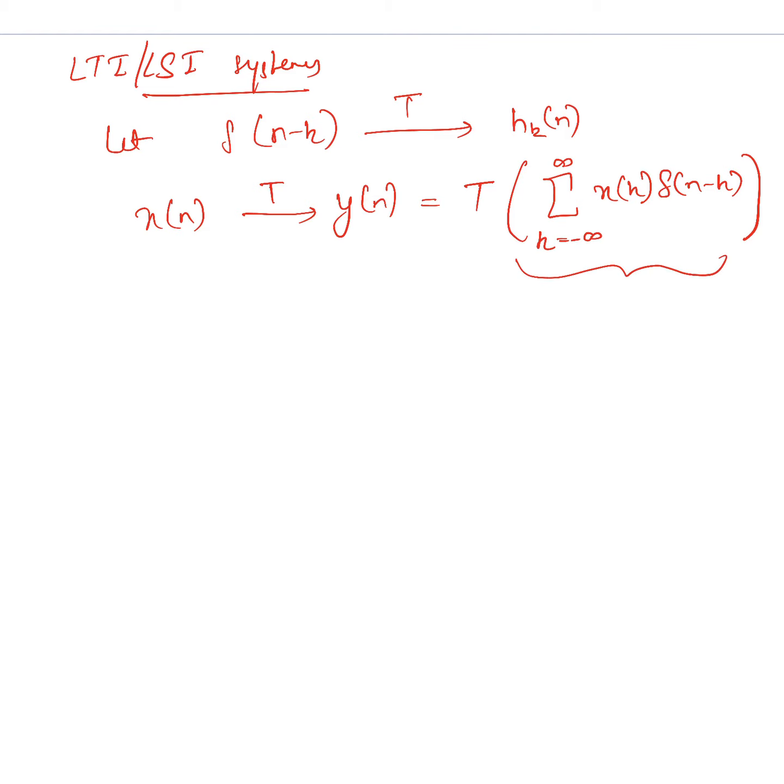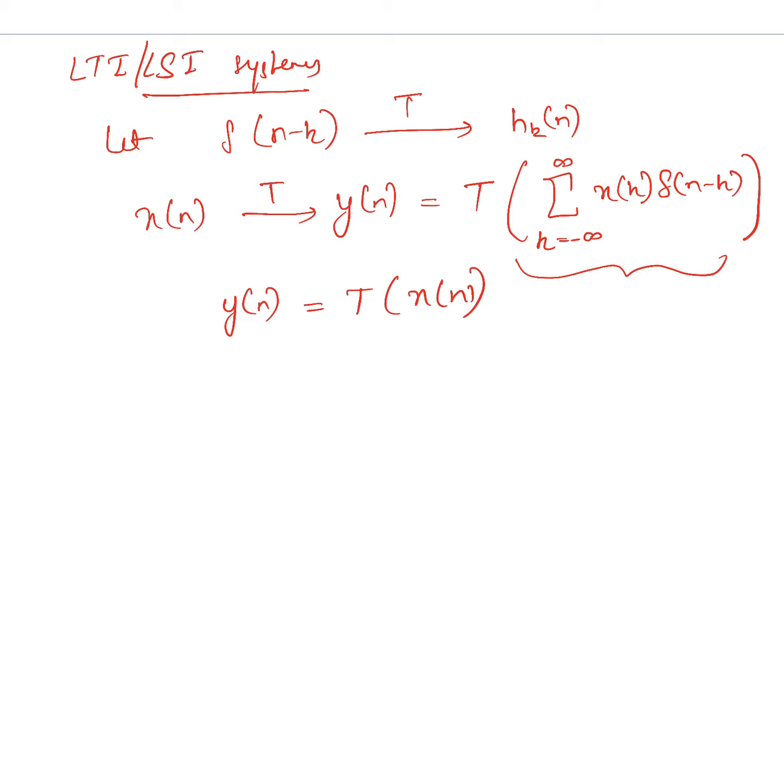So in the last lecture we saw that y of n, we can write as T of x of n, right? This is the notation we have been following so far.